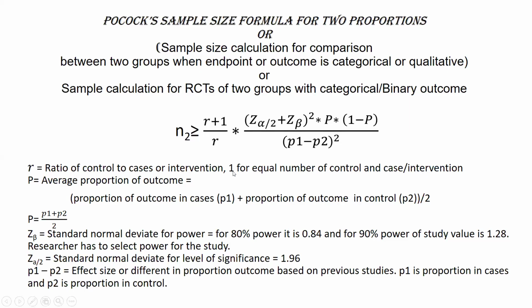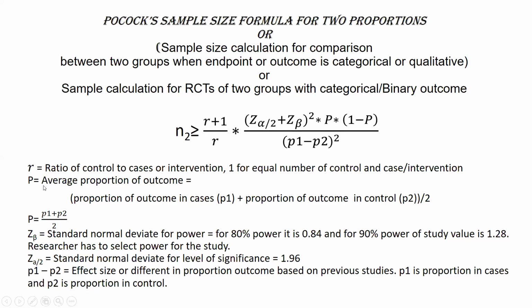So R is equal to 1, equal numbers of control and case or intervention. When we put R equal to 1 in this formula, R plus 1 divided by R is 1 plus 1 divided by 1, which is 2. So we can directly multiply by 2 here, 2 multiplied by this one.